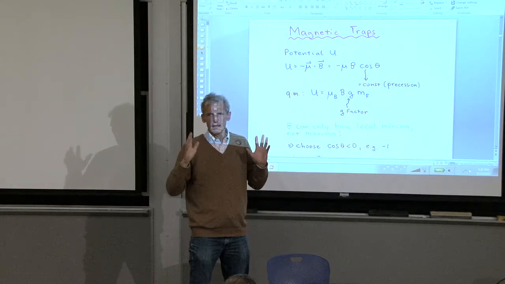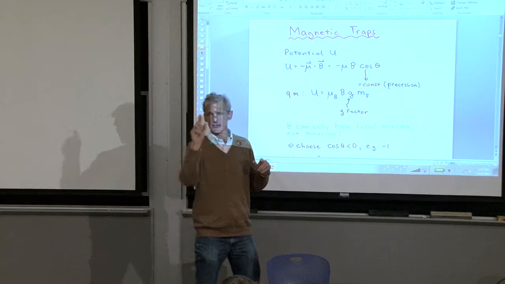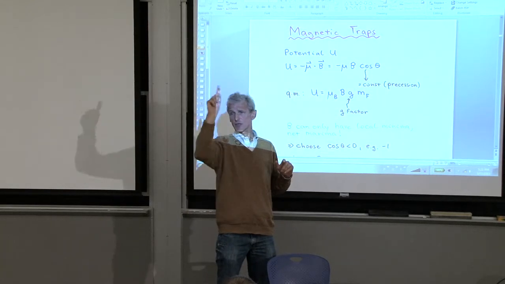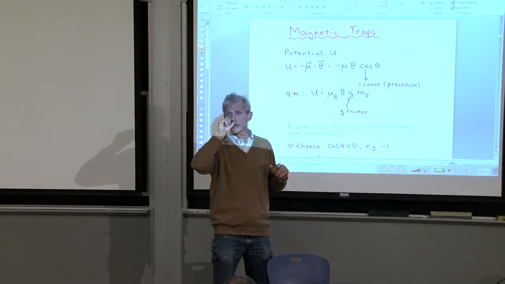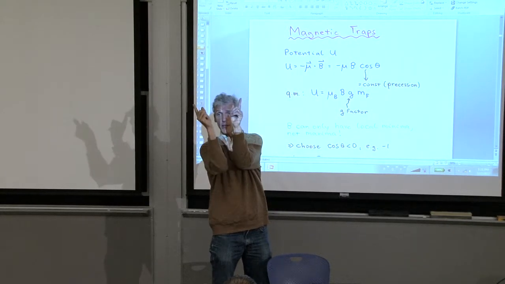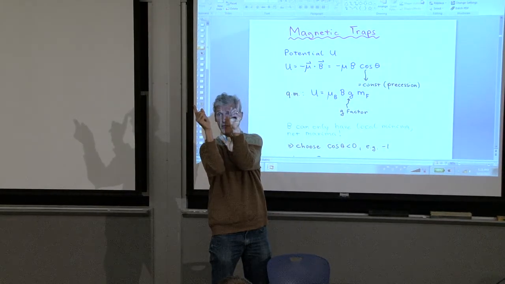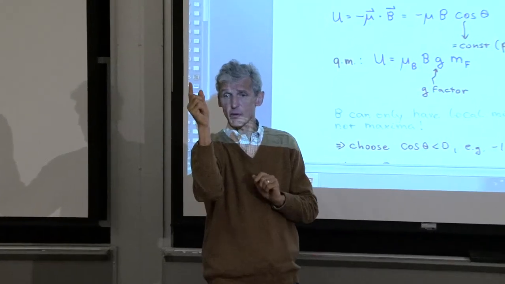magnetic trapping requires, if you have a magnetic trap and you have an inhomogeneous magnetic field, and of course you need an inhomogeneous magnetic field, the angle cosine theta between the spinning dipole and the magnetic field should stay the same. And this means quantum mechanically we stay in the same quantum state.